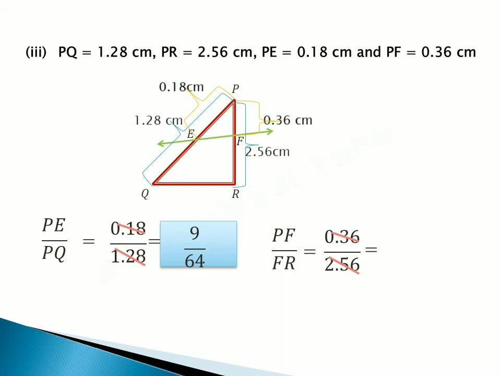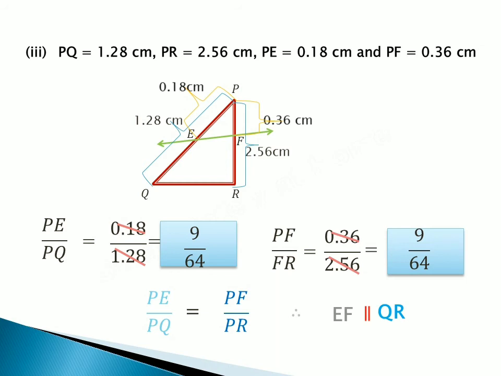Both get cancelled by which number? 4. 4 9s are 36, 4 64s are 256. So this ratio is equal to this ratio. So PE by PQ is equal to PF by PR. So the line EF is parallel to QR.